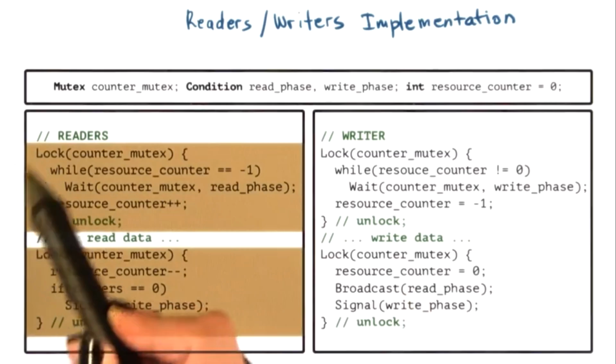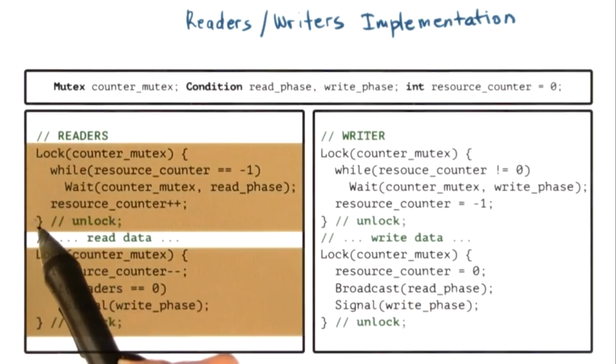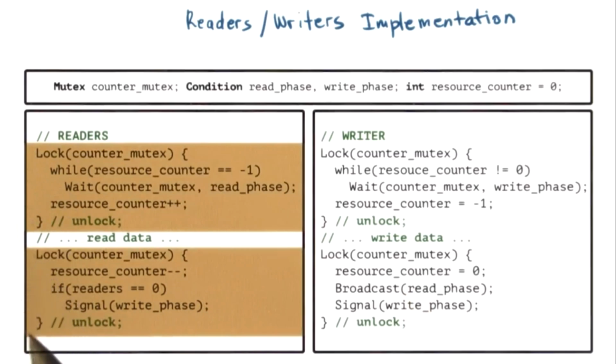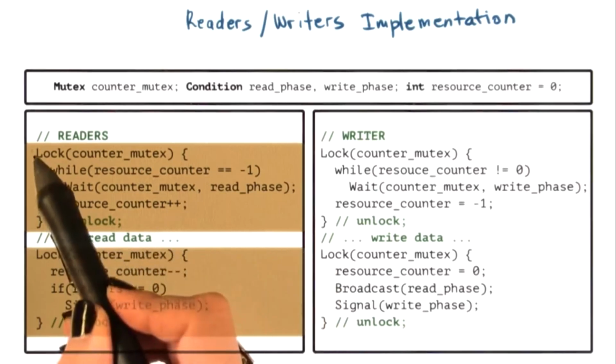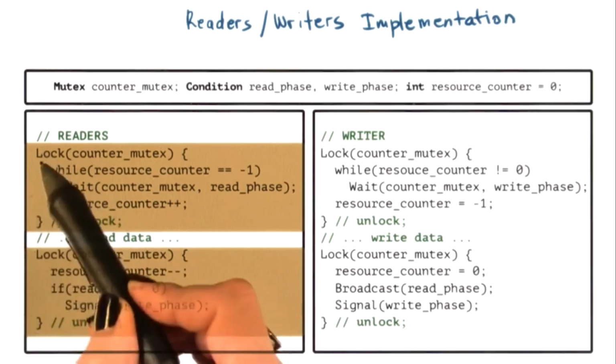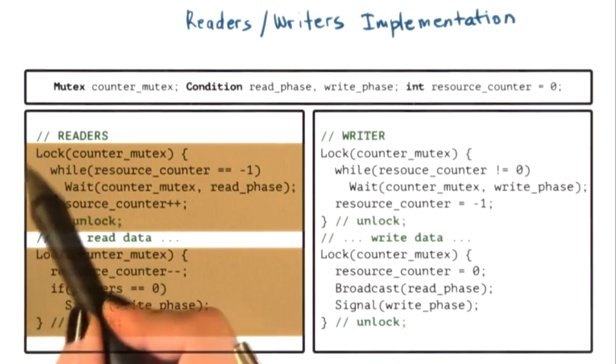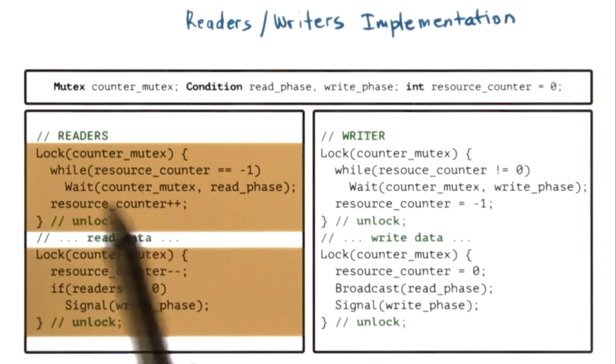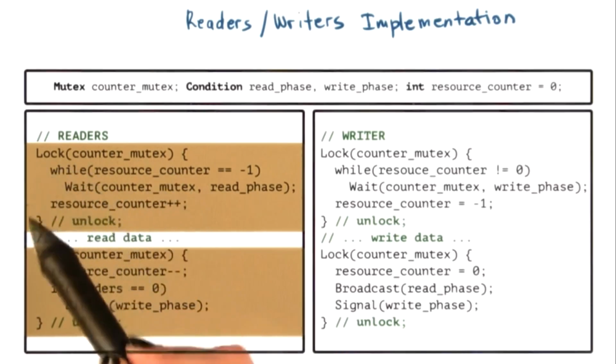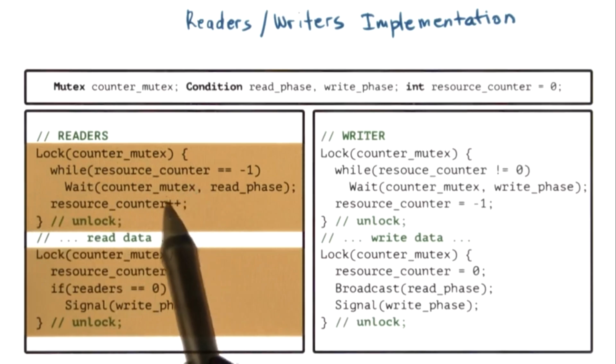So these code segments here correspond to the enter critical section and the exit critical section codes when we consider read data as the operation that's the real critical section, given that what we really wanted to protect was the file. So this is what we want to control, and then we structure these code blocks to delimit the entry phase into this code and then the exit phase. Internally, each of these clearly represents a critical section code as well, since there is a lock operation and then there is a shared resource, the resource counter, that is updated in both of these cases.